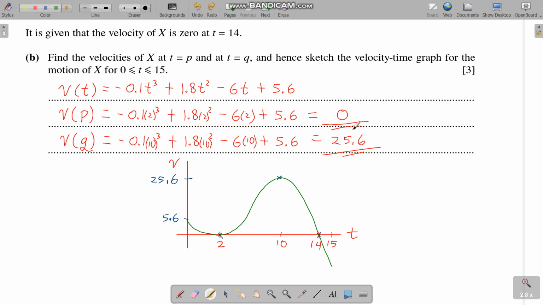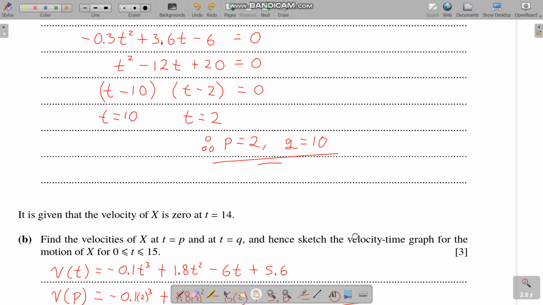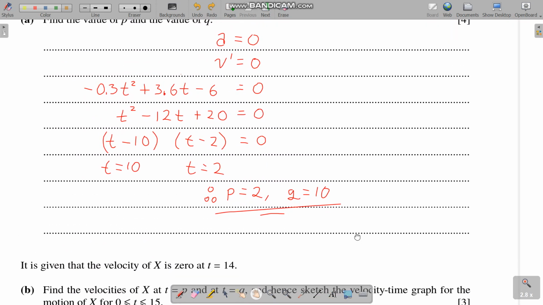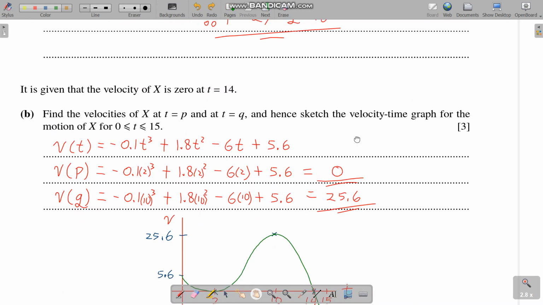Now, previously it's given that the velocity is 0. Okay, here it's given. So when the time is 2, the velocity is 0 here, and when the time is 14, the velocity is also 0. So we have two x-intercepts, and we know that the acceleration is 0 when the time is 2 and 10.